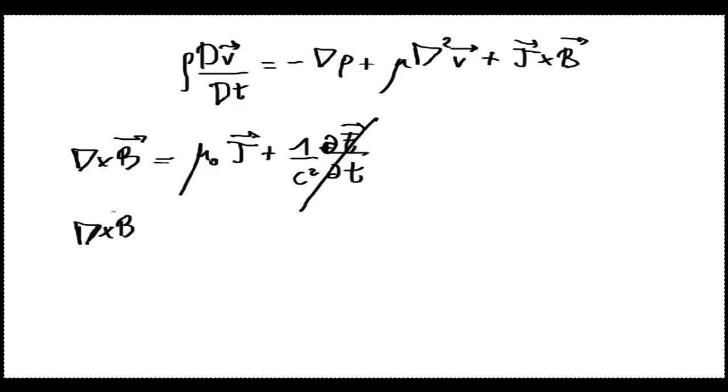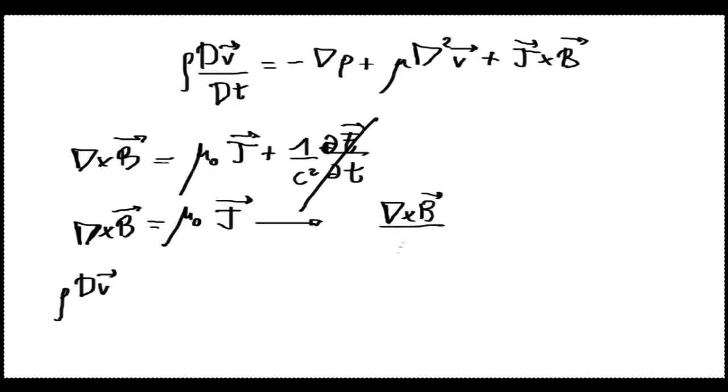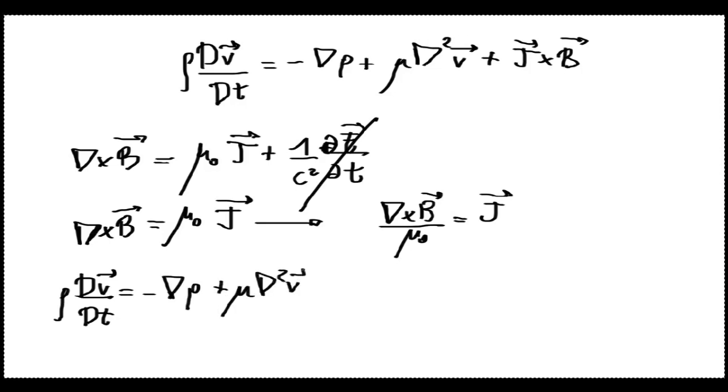We can divide this equation by the constant mu zero, the magnetic permeability of free space. We can now substitute this expression into the Navier-Stokes equations we are working on, and we arrive at this expression here. We have the curl of B cross B. So we have two cross products here.